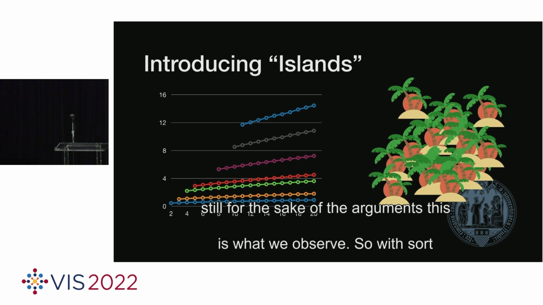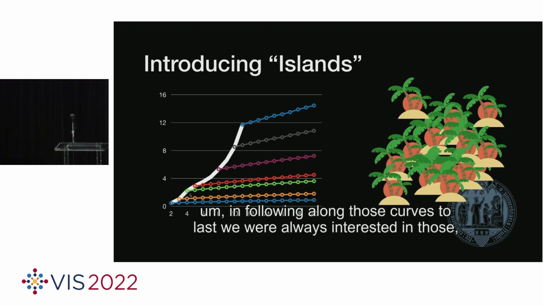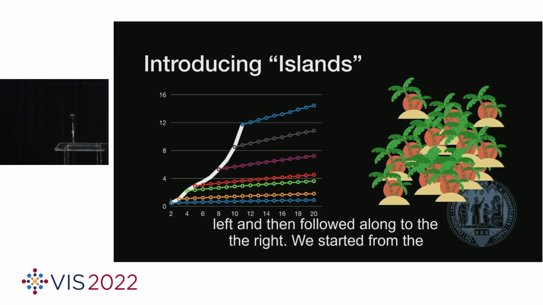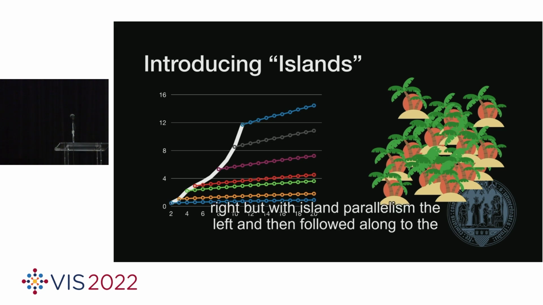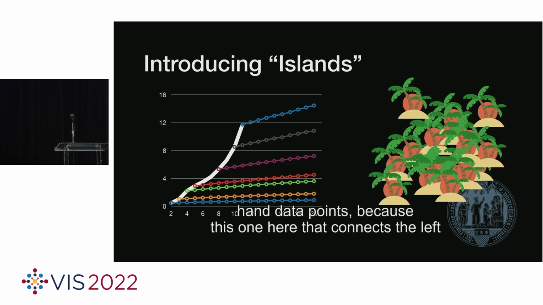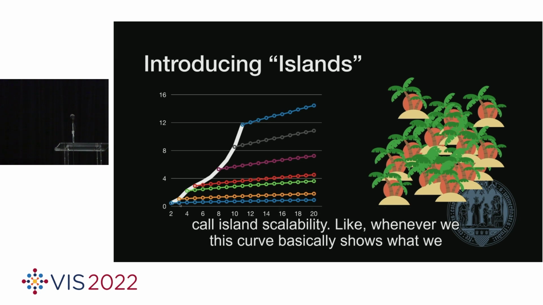So with sort last, we were always interested in following along those curves to the right. We started from the left and then followed along to the right. But with island parallelism, the curve that is actually of interest is this one here, that connects the left-hand data points, because this curve shows what we call island scalability.